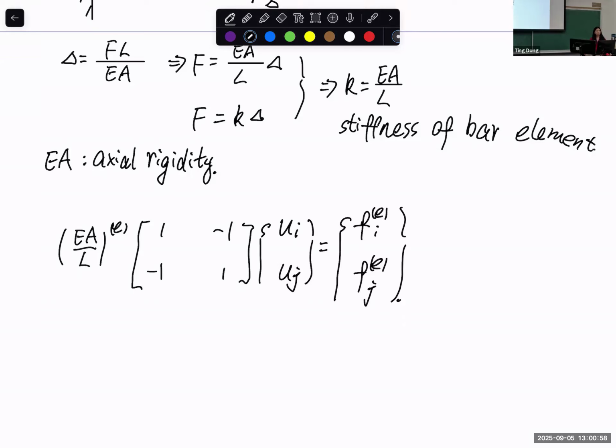Since the majority of things are the same, we can use this equation directly. Just be careful what K is here. Of course, there are some differences, because now K is determined by Young's modulus, the cross-section area, and length.